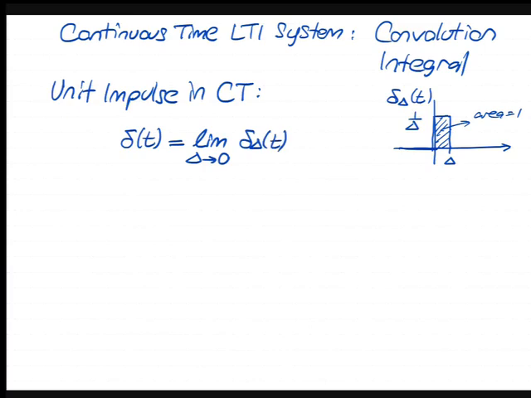And it also gets a weird notation of its own. We use this strange arrow, and that denotes delta of t. Again, when you see this, the way to interpret it is as something that has zero width, infinite amplitude, but somehow area equal to 1 underneath.